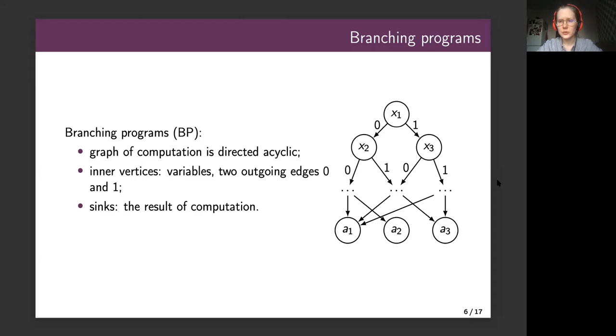So this branching program computes some function of Boolean variables x1, ..., xn, and every assignment to those variables naturally induces a path in this graph. And this path leads us to the result of the computation. Note that not every path in our branching program may correspond to some assignment.